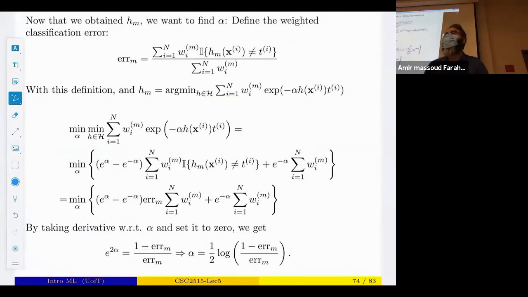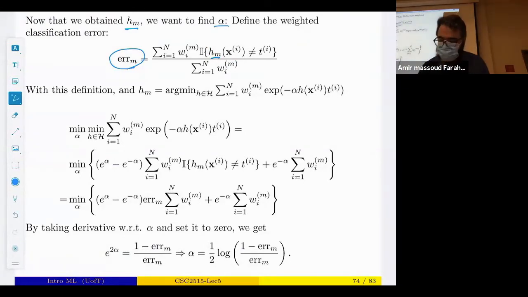Now we want to find alpha because that was the other thing that we wanted to compute. So suppose that we obtain h_m, we want to find alpha. We find a weighted classification error, which would be exactly as the name suggests. So we have h_m here, whether it's correct or not.